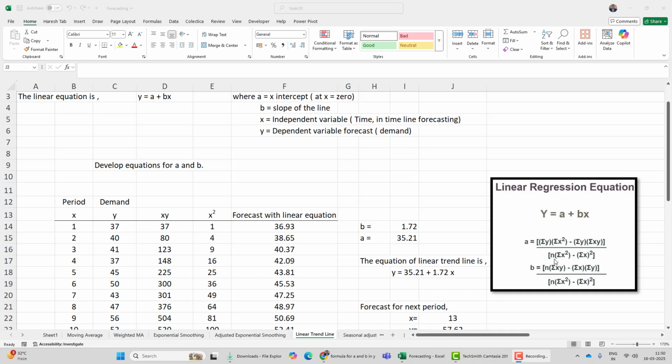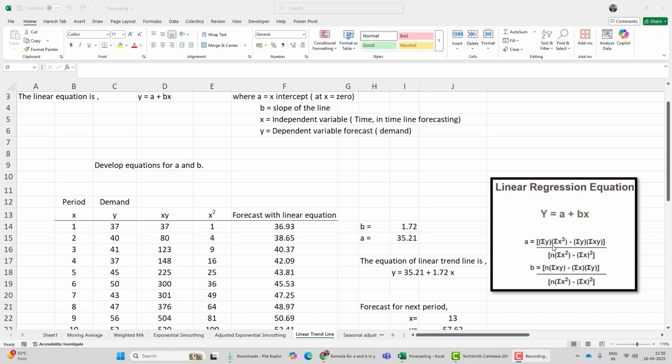Just observe that the denominators for both formulas are the same, which is n times sigma of x square minus sigma x the whole square, where n means the number of observations. In the numerator for a, it is sigma y into sigma x square as the first term minus sigma x into sigma xy.